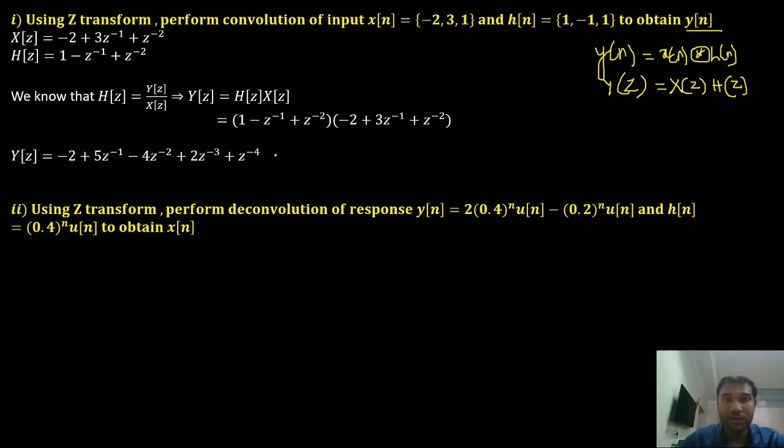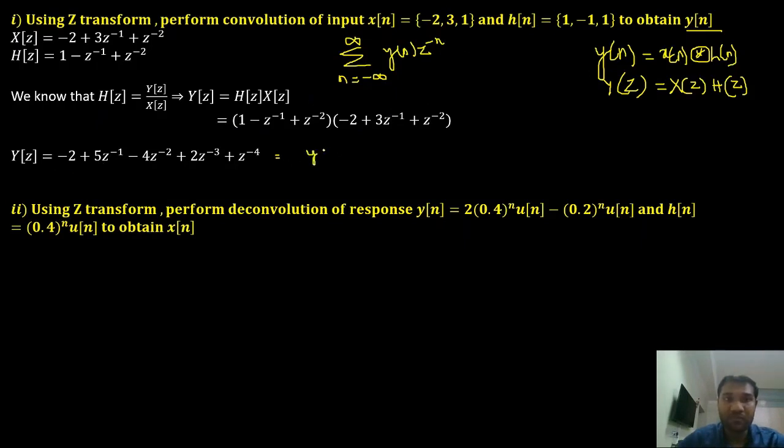Now this I can write as, what is y of z? Y of z is again summation n equals minus infinity to infinity y of n z to the power minus n. Now I will expand this. So what happens?